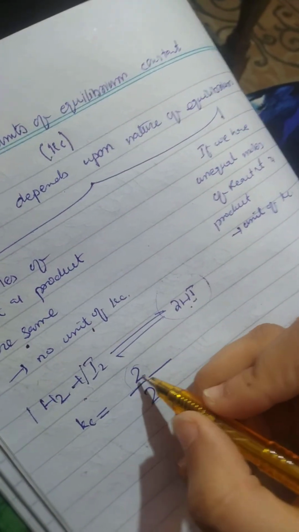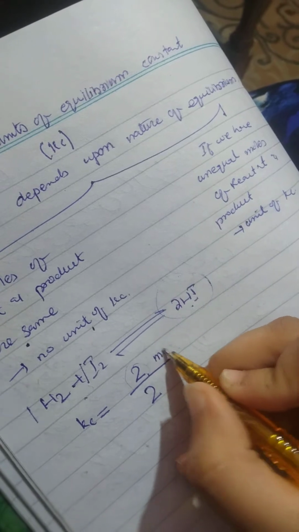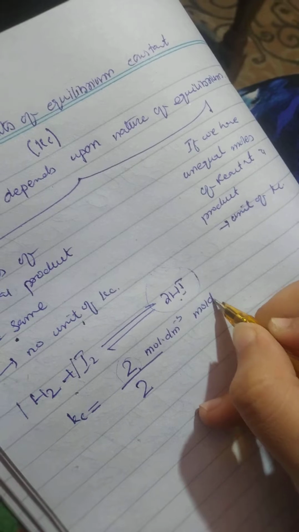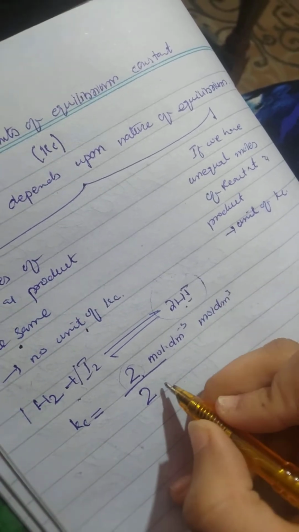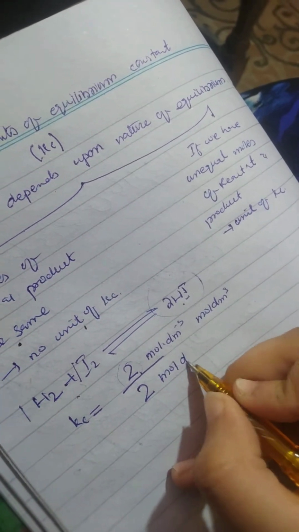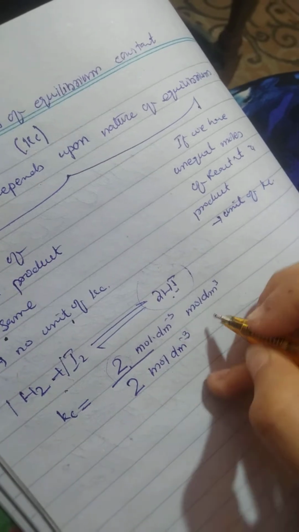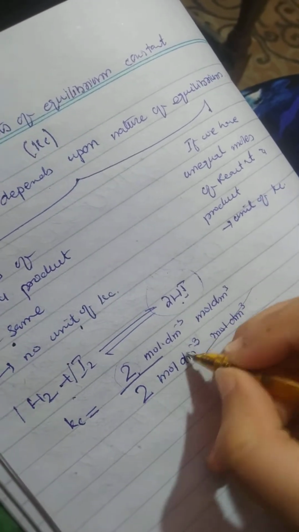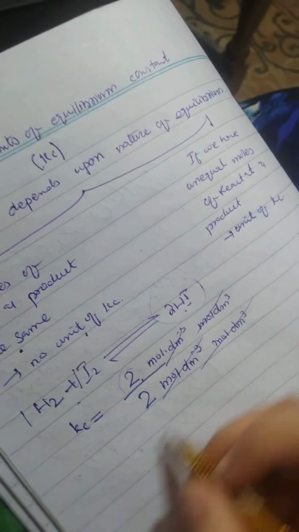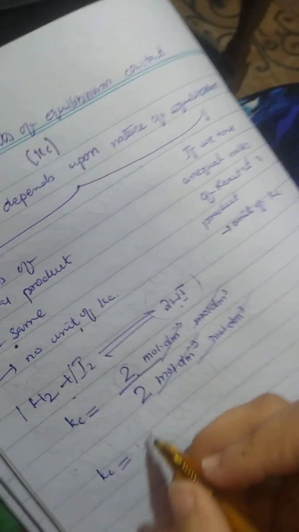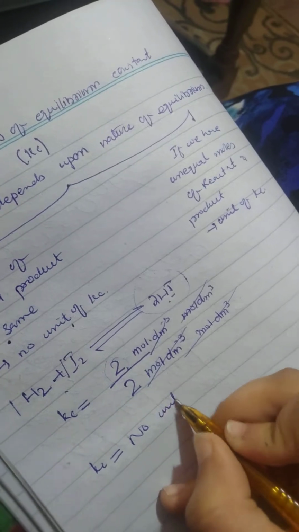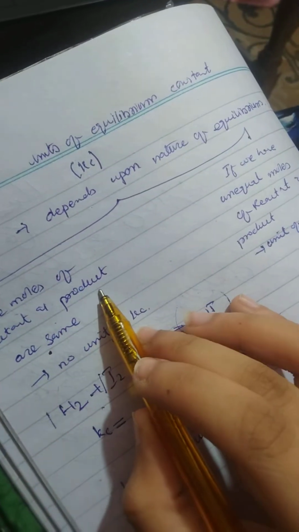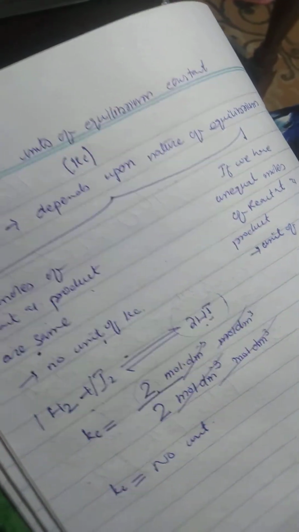It appears 2 times on top and 2 times on the bottom, so it gets cancelled. Nothing will be left, which means there is no unit of Kc, because the moles of reactant and product were the same.